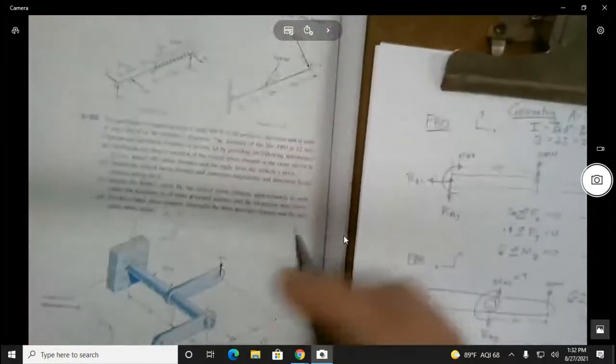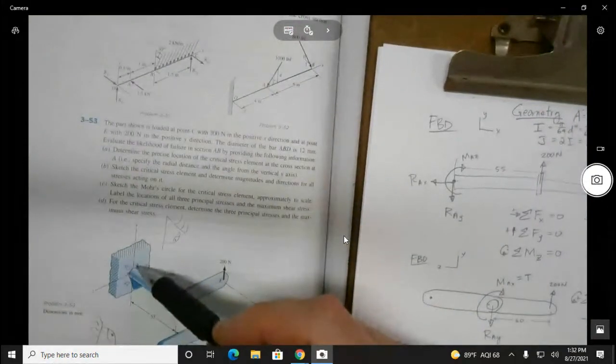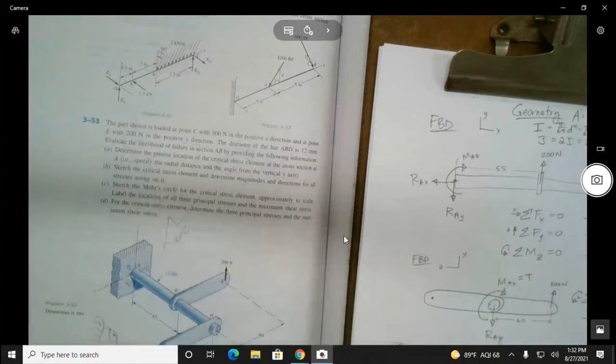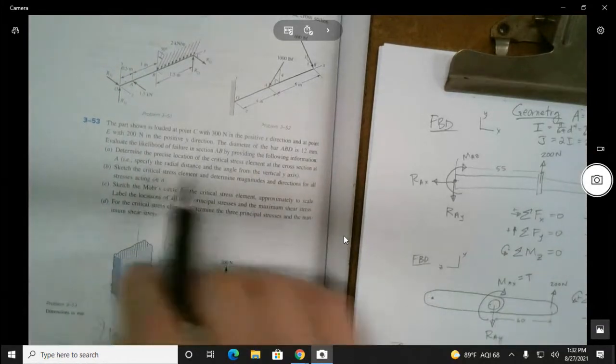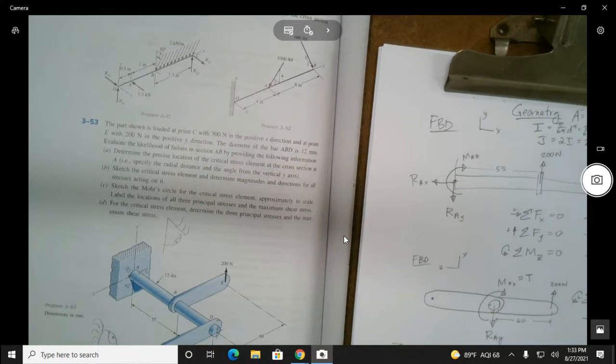Generally speaking, for this one, we're going to find the stresses on a stress element. Even better with the way they're phrasing it, we want to find the precise location of the critical stress element at the cross section at A. Like to find out where it's going to fail. I mean, that's the problem.